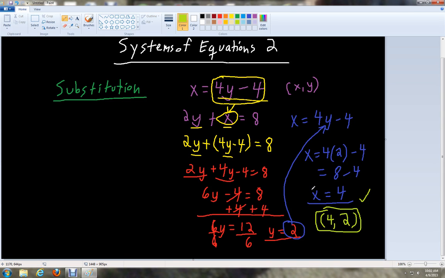There is one more example we can work on for substitution, and let's take a look here. Let's say we have negative 5a, so we're going to use different letters this time, plus 8b equals 20.